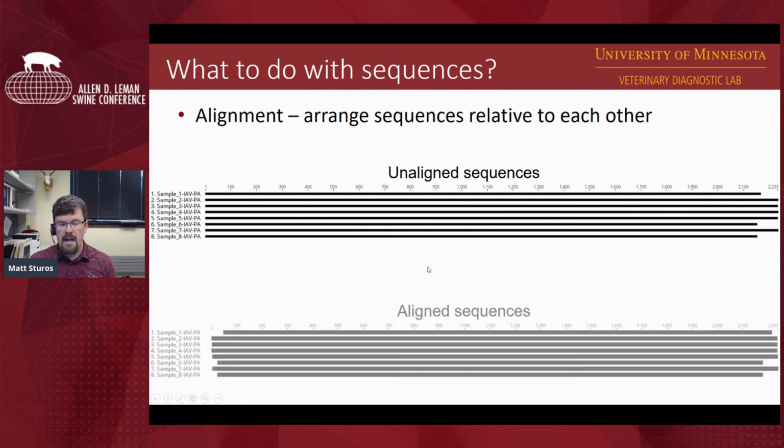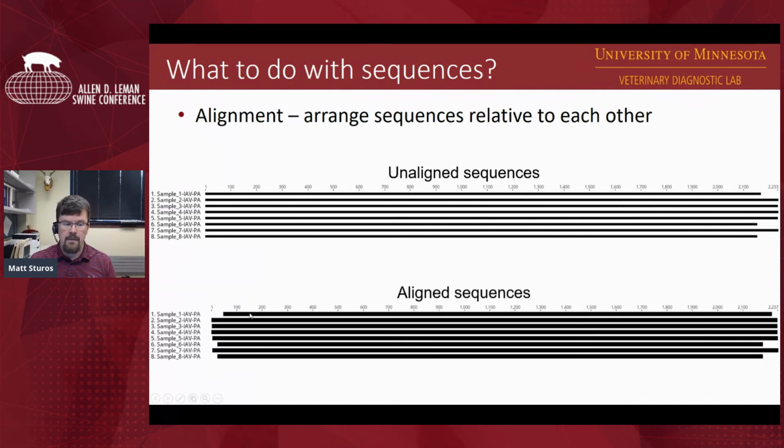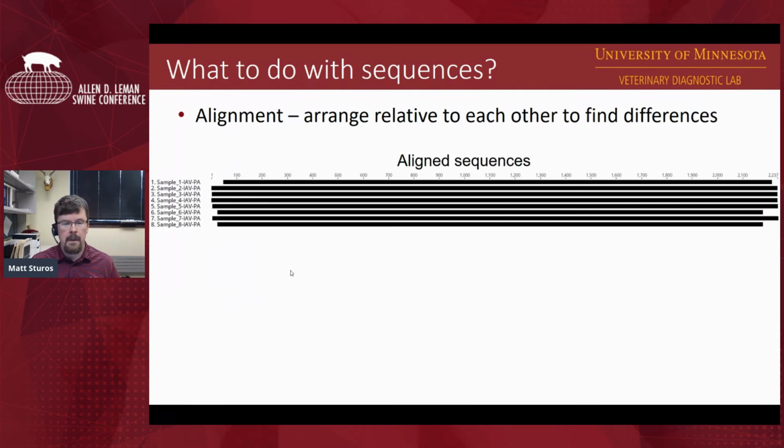And so when we align them, we start to find out, well, this sequence number 1 was actually a little bit short in the beginning, and so it shifts to the right relative to sequence number 2. And so this would allow the program to figure out where position number 5 is, or 150 for all of these sequences might be. And this is an important step for the analysis.